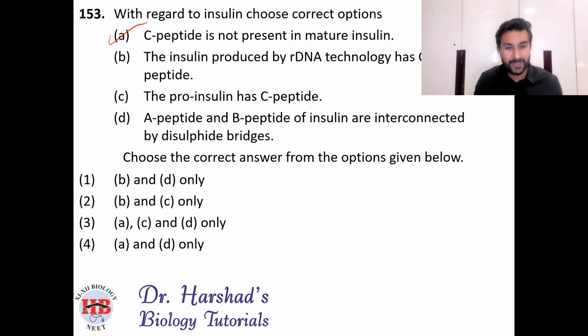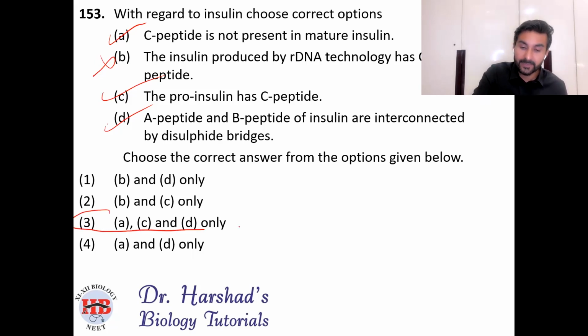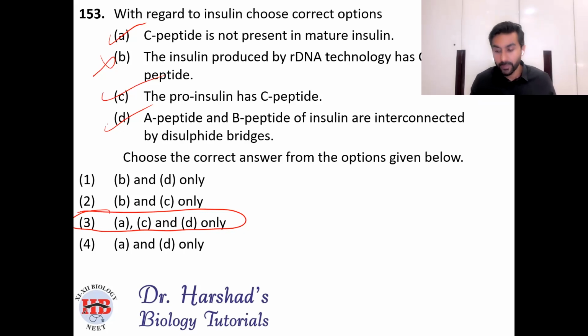The insulin produced by rDNA technology has C peptide. Wrong. rDNA technology produces only A and B peptides. The proinsulin has C peptide. Correct. It has A, B, and C, all three. A peptide and B peptide are interconnected by disulfide bridges. Yes, even that is correct. So statements A, C, and D are the correct statements. Our answer in this question would be option number 3.